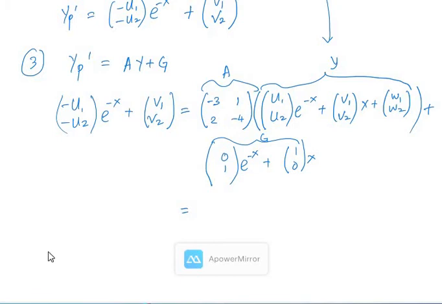So here you have negative 3 u1 plus u2. And then the second row is 2 u1 minus 4 u2. Okay, so this one is exponent negative x.